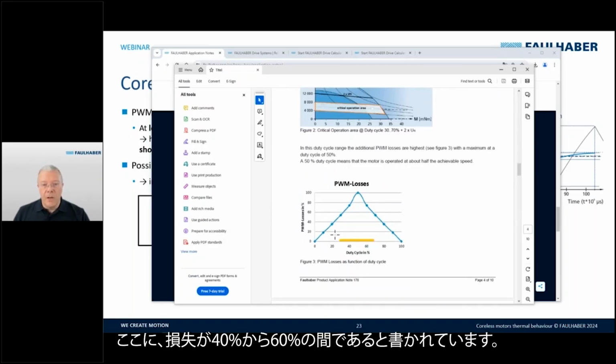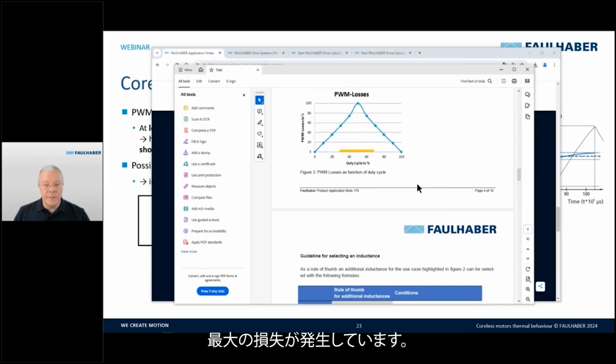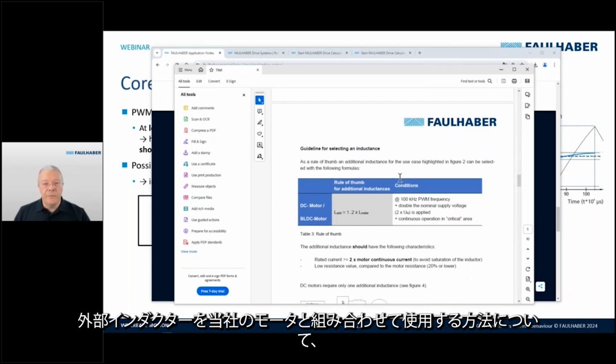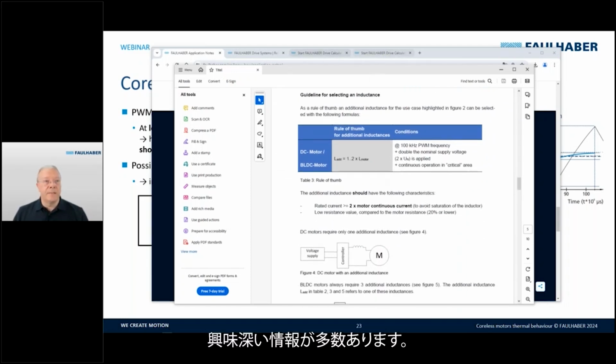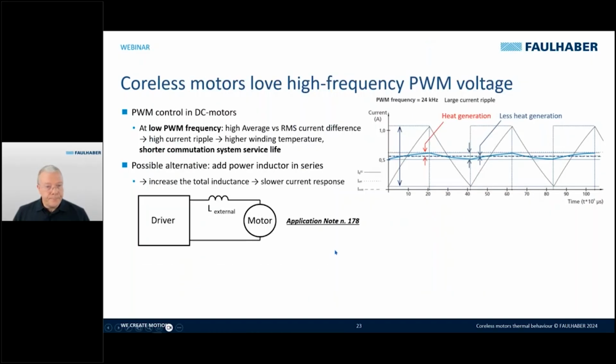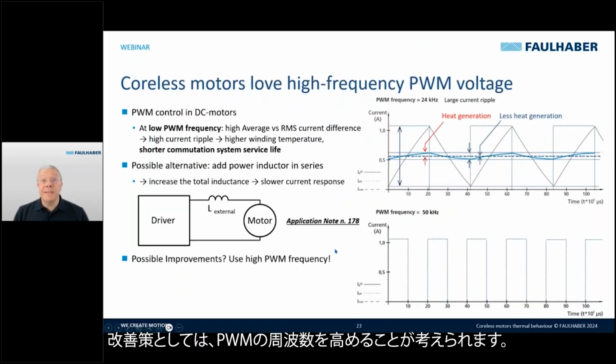You can see here the losses are between 40 and 60%. We have maximum losses. There is a lot of interesting information on how to use the external inductance in combination with our motors. A possible improvement is increasing the PWM frequency.